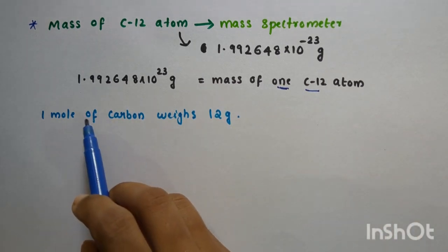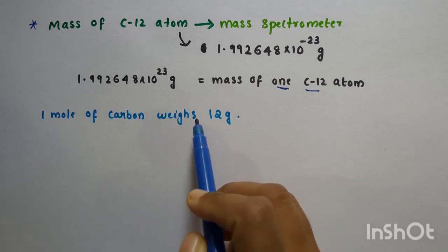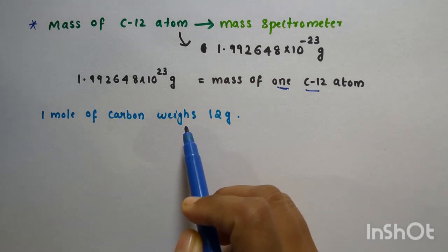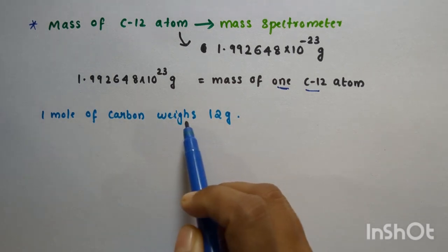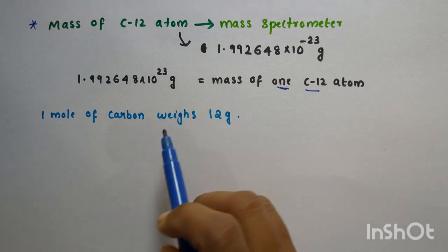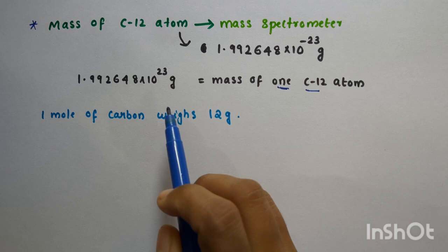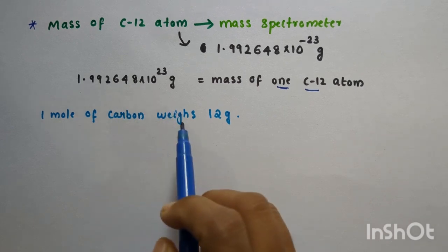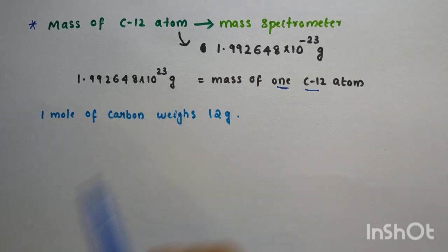See, 1 mole of carbon weighs 12 gram. That is, the mass of 1 mole of carbon is equal to 12 gram. Then what will be the number of atoms in it? How many carbon atoms will constitute 12 gram mass?